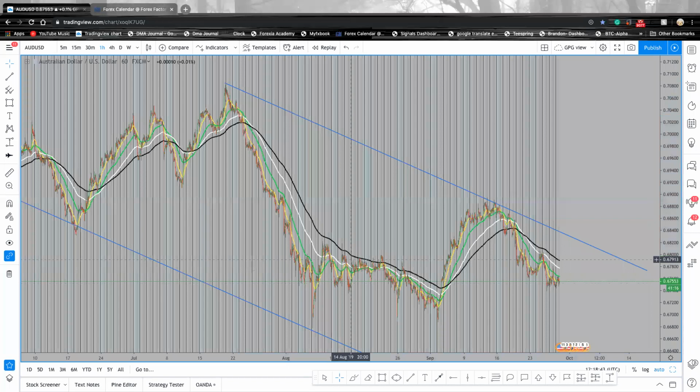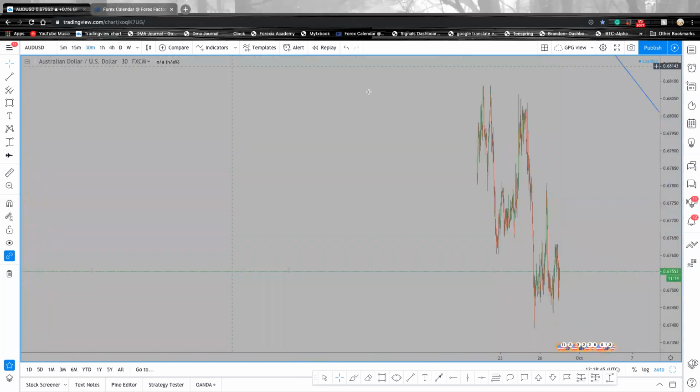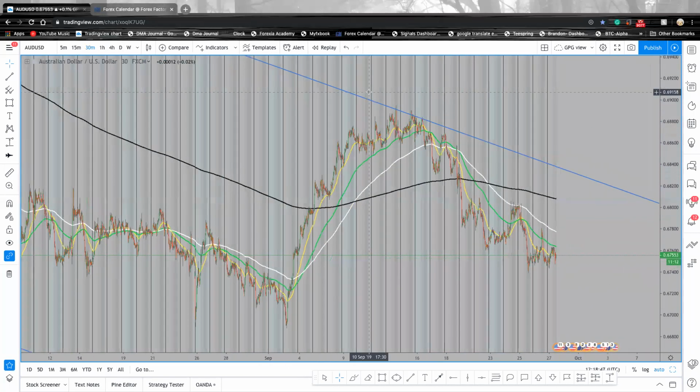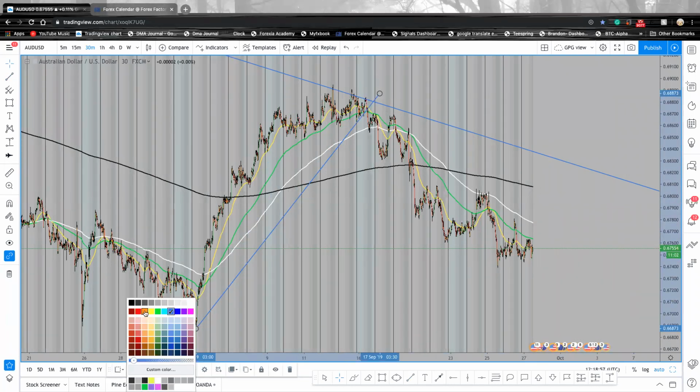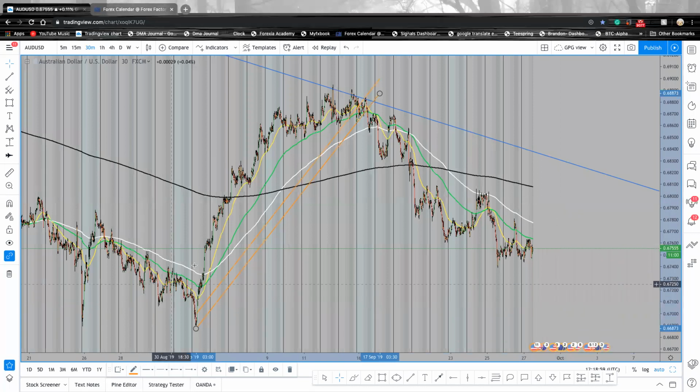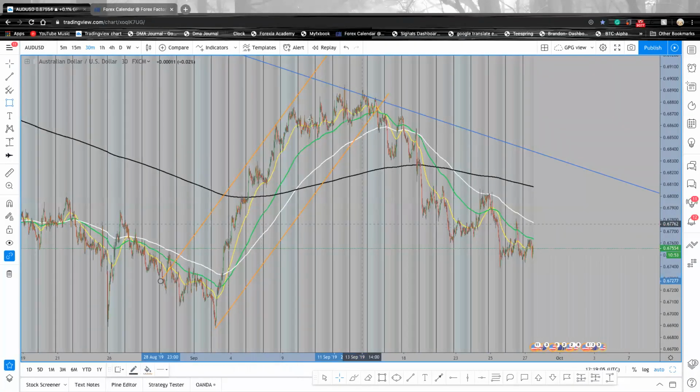That's the overall trend, and I see it in 1 hour. And we had the induction right from here to here. I'm going to change the color for induction as always. Right here. So now we got the induction. Let's find our trap. That was our trap.